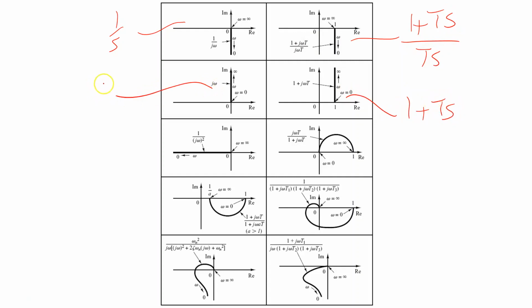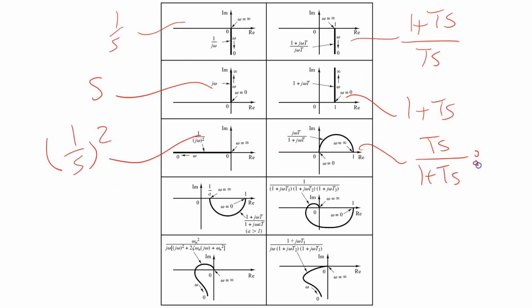This is s, a derivative. This is a double integrator. This is the high pass filter, Ts over 1 plus Ts. If you remember, if there was a 1, it was a low pass filter. This is a high pass filter.